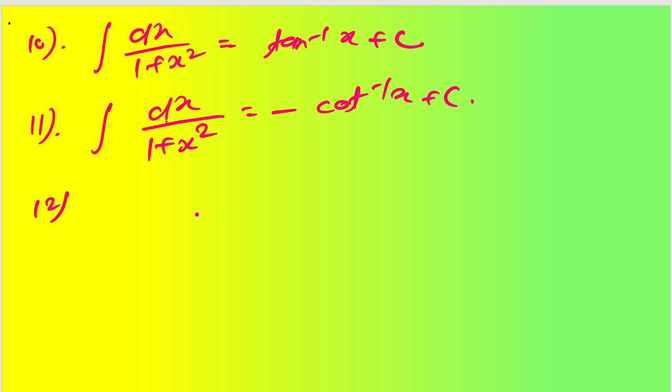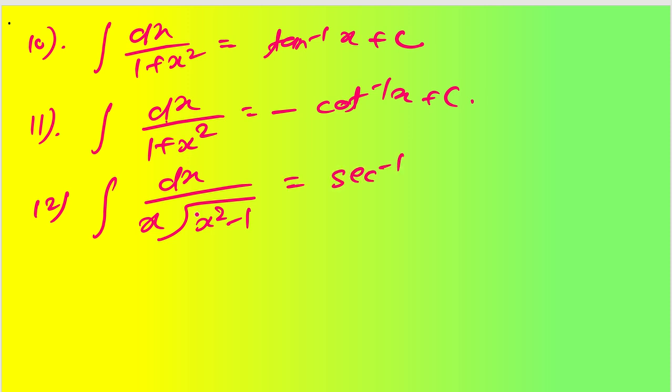Then if we see sec inverse x, so integration of dx by x root under x square minus 1. So x square minus 1 will be what? Sec inverse x plus c. Then next one, same formula, it can be in terms of cosec inverse, right?